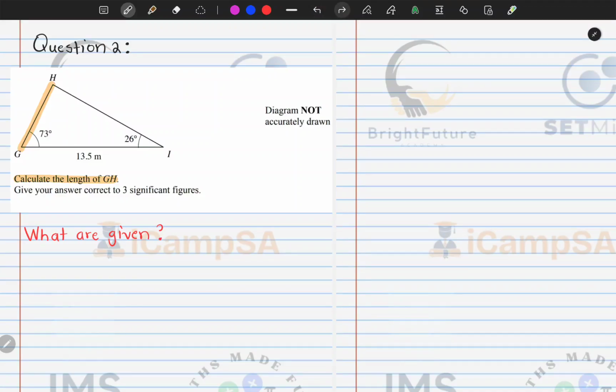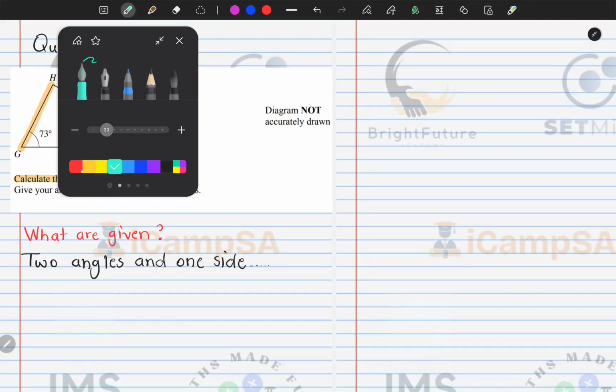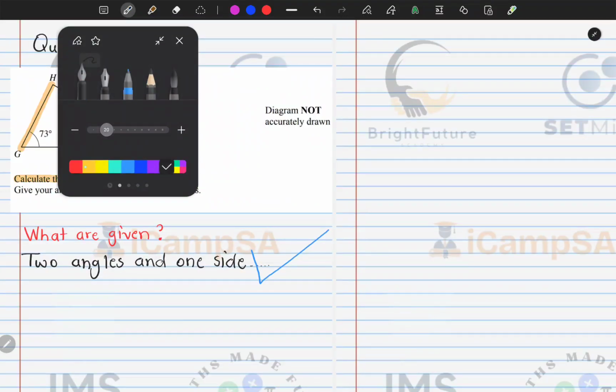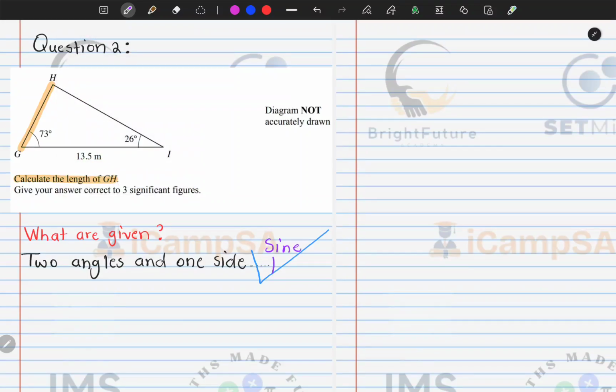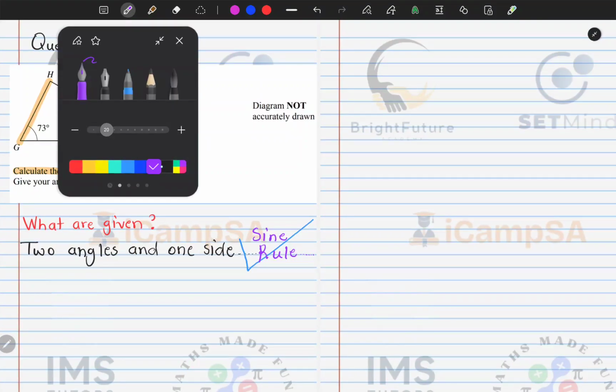So essentially what we are given is 2 angles and one side. And if you remember, 2 angles and one side correspond to the sine rule. So once we see 2 angles and one side, we should know that what we should use is the sine rule. So we can now go ahead and use our sine rule.